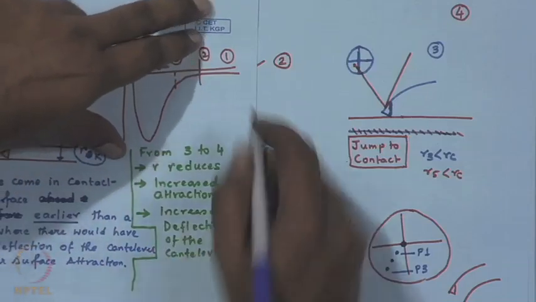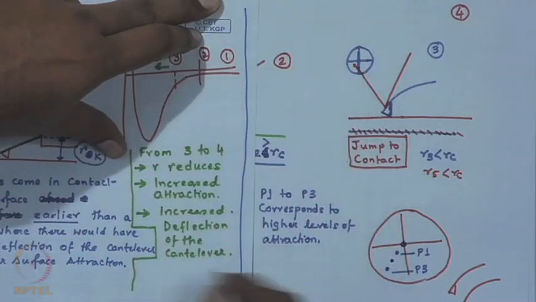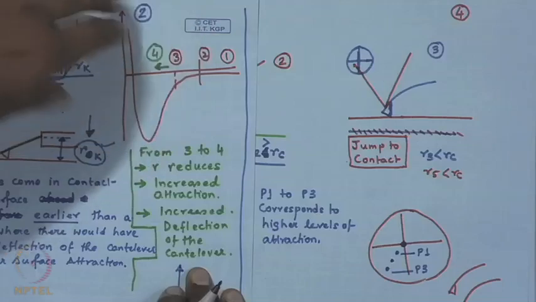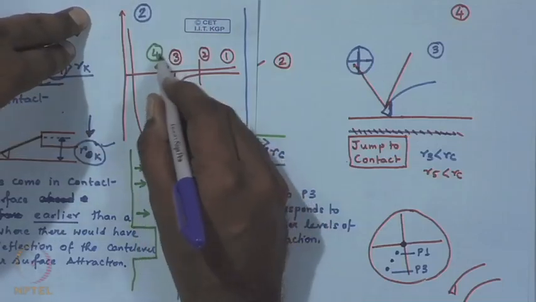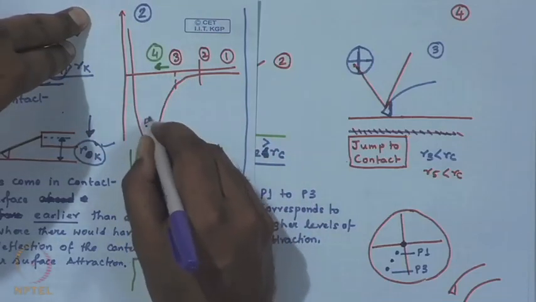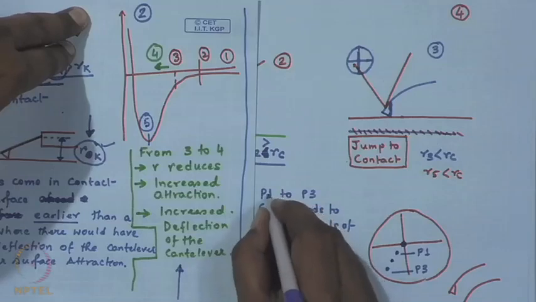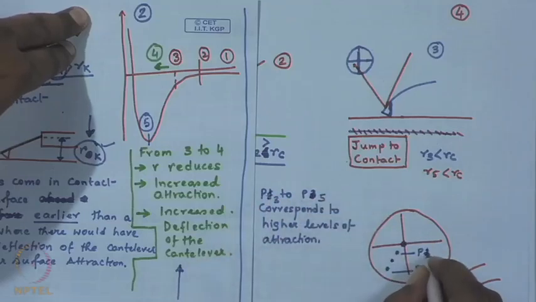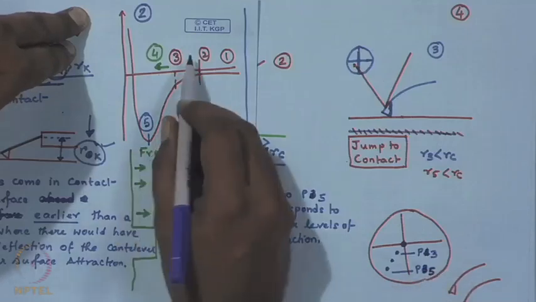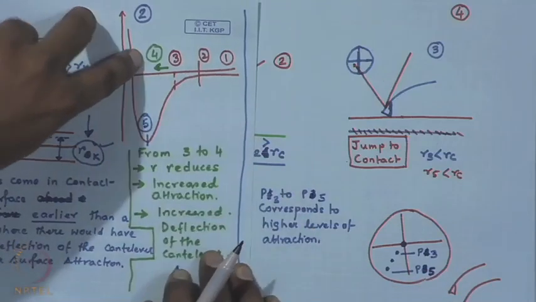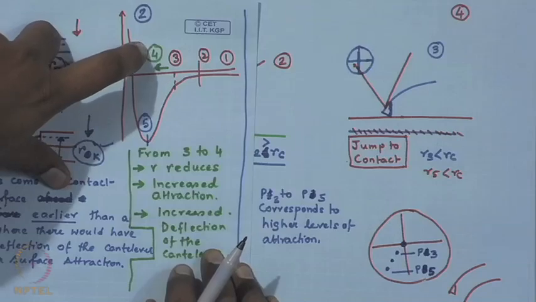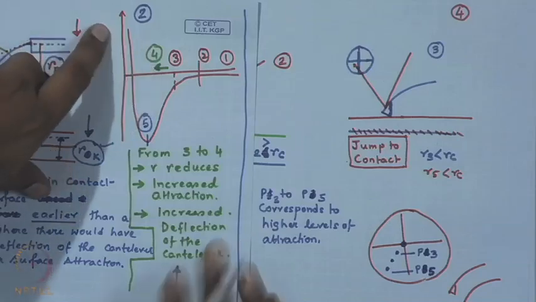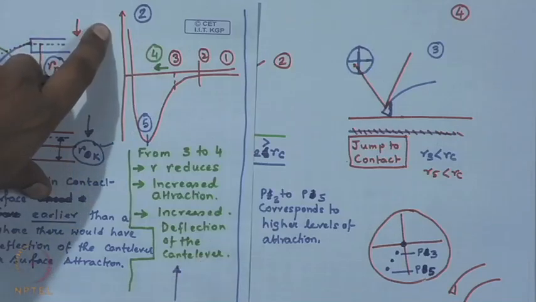So, just have your attention on this part of the view graph. We talked about 3 to 4, and let us say this is the point 5 we say. So, we also change it to P3 to P5. So, 3, 4 are both points. Let us try to understand what is 3 and 4. 3 and 4 are both points in the attractive regime.